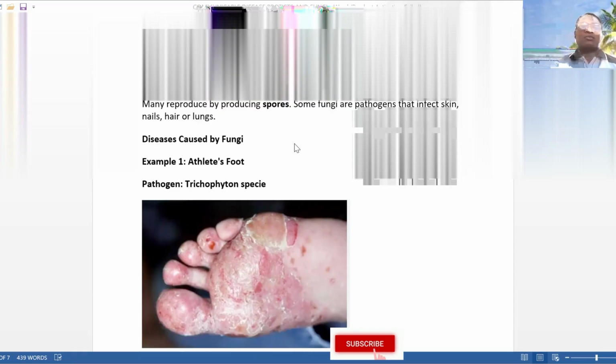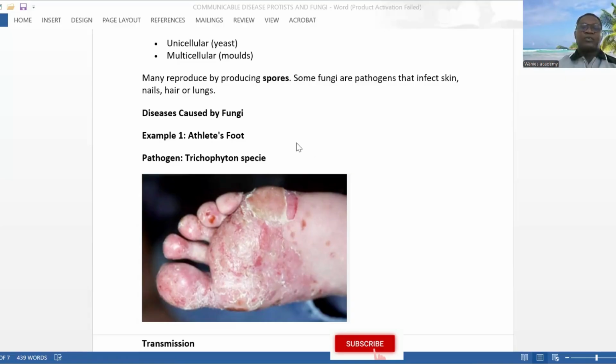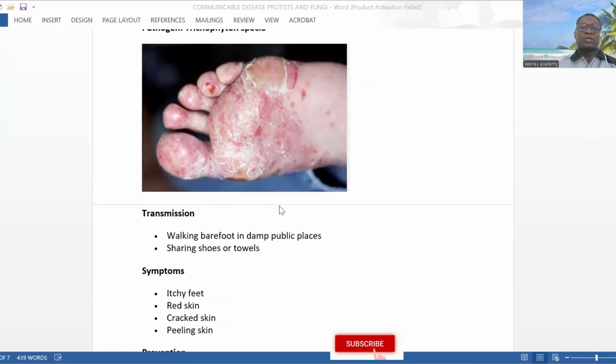So let's see some fungal diseases. Athlete's foot is a major fungal disease. You can see my diagram. Athlete's foot is caused by Trichophyton species. It affects the foot or hands of the victim. It is transmitted when the victim walks barefooted around damp areas, where there is stagnant water.